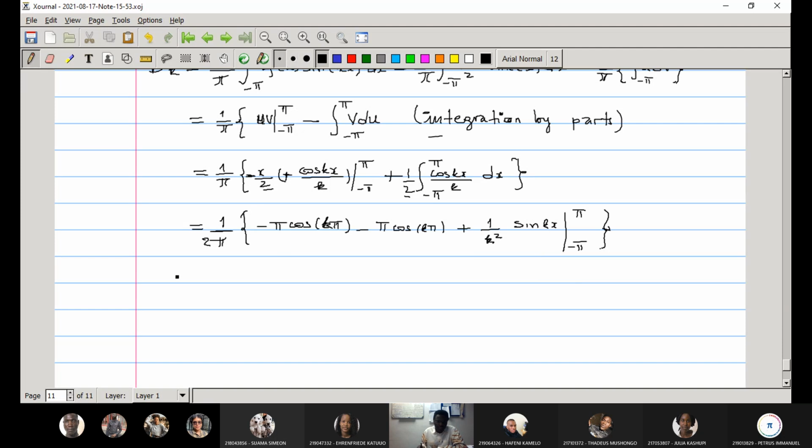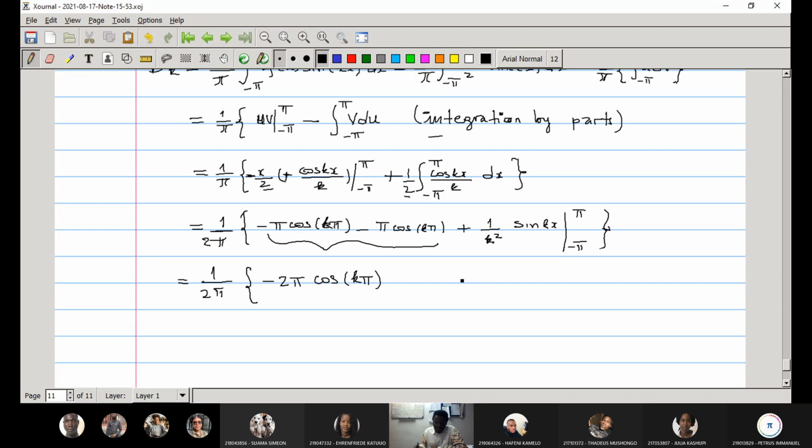So this is equal to, so I can write directly, this is 1 by 2 pi. Okay, so all this is negative 2 times cosine k pi for this one.